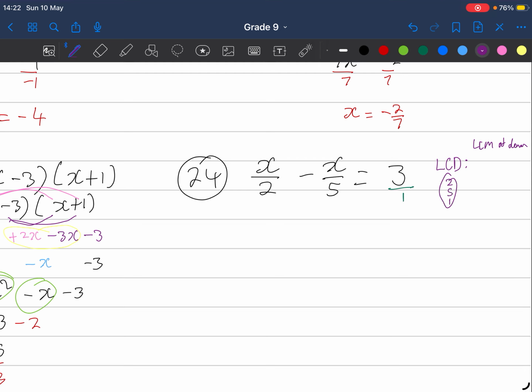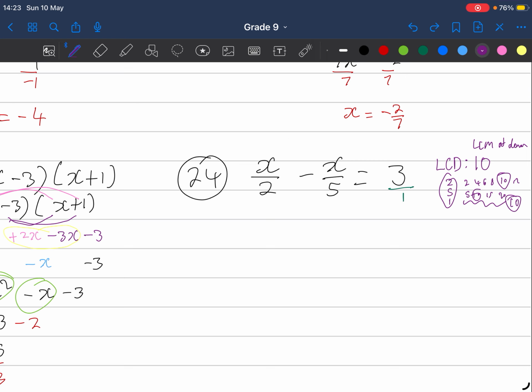So what's the lowest common multiple of 2, 5, and 1? If you do the multiples of 1, well, 1 goes into every number. 2 is 2, 4, 6, 8, 10, 12. 5, we have 5, 10, 15, 20. 10 is a multiple of all three numbers, basically. You can get 10 from all three numbers. So our LCD is 10.